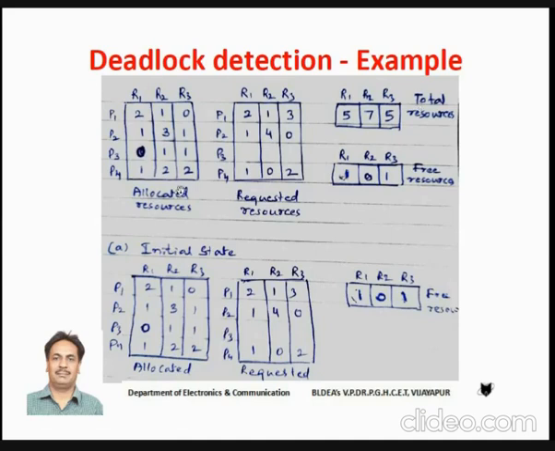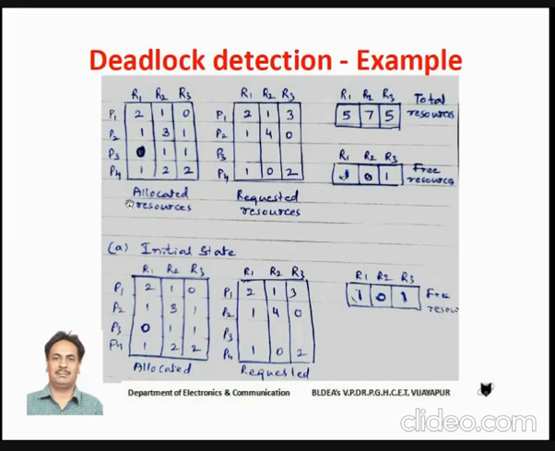Here we are given some matrices. This particular method of representing a resource allocation state, we call the matrix model. For representing a resource allocation state, we have two methods. One is the graph model, and the second is referred to as the matrix model. In the matrix model, we use two important matrices.